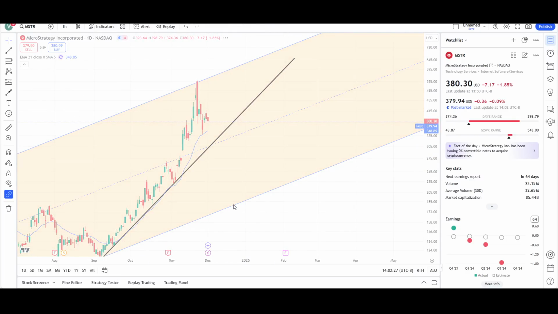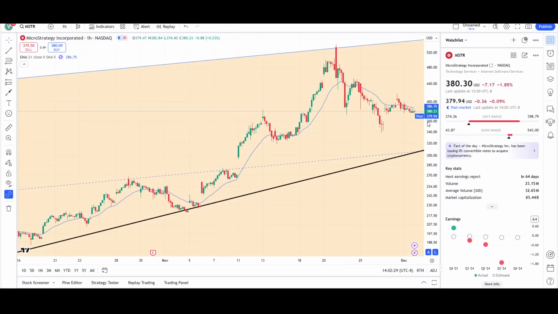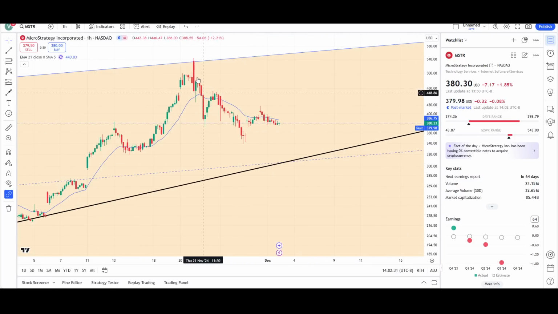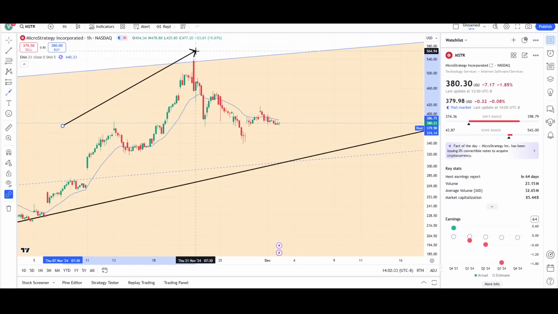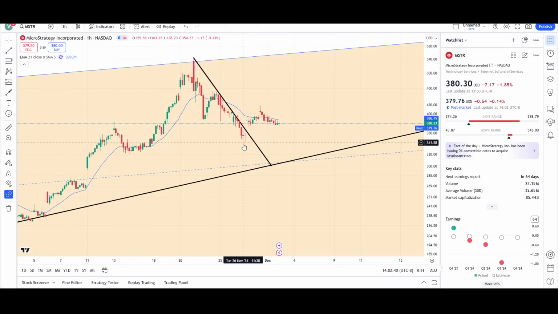Let's go intraday. Intraday, we're going to see more details about what's really going on. You see that price hit the top of the channel right over here, big red candle, big rejection. So that was definitely in play. Price was staying below this bearish trend line, but all of a sudden the price broke through that bearish trend line, and now it's starting to go kind of sideways on us. So let's draw that support out.